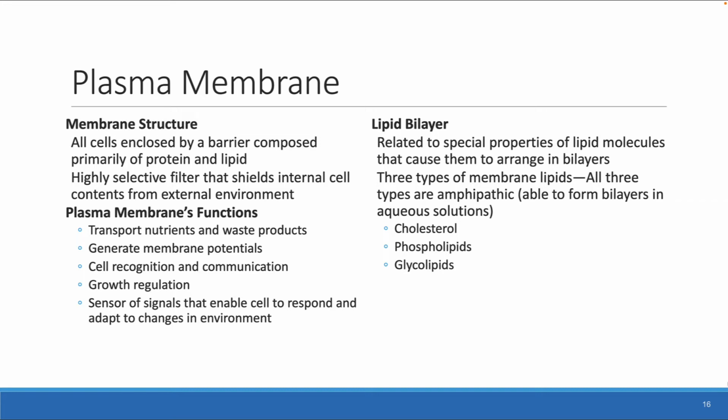Growth regulation is in part regulated by the plasma membrane. And then it's also critically important for sensing signals to respond to and adapt to changes in the environment. For instance, apoptosis comes from an extracellular signal, and your body, or your cell, will respond to that apoptotic signal.